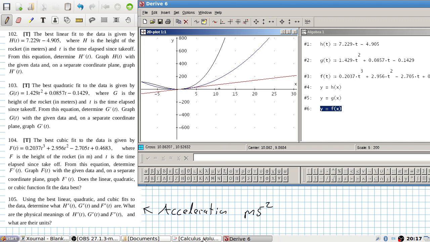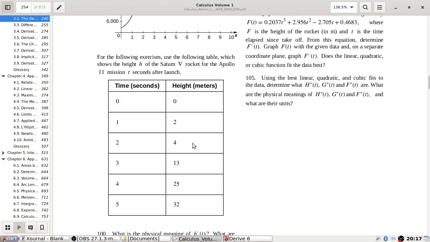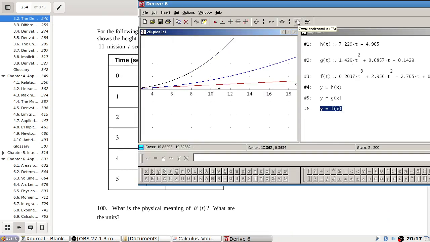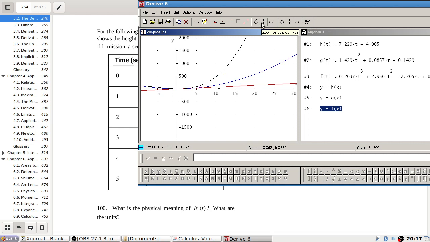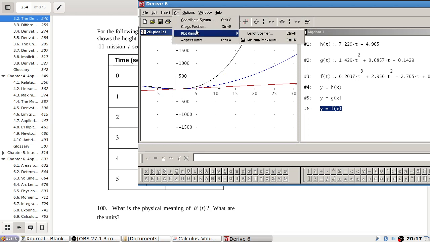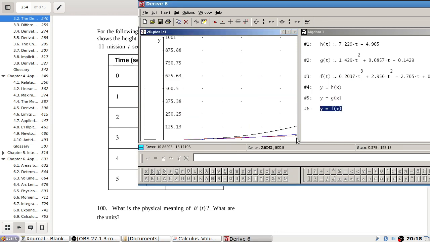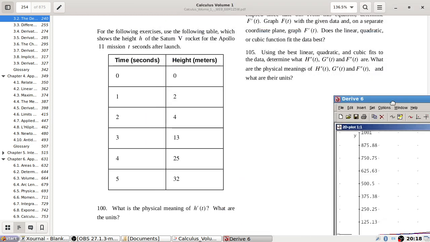Okay, I don't remember what was the original data. It goes up to 5 seconds, so we want to maybe I can do set plot range. So let's go horizontal minimum to maximum, and the vertical, oh, what was it? How big is it?